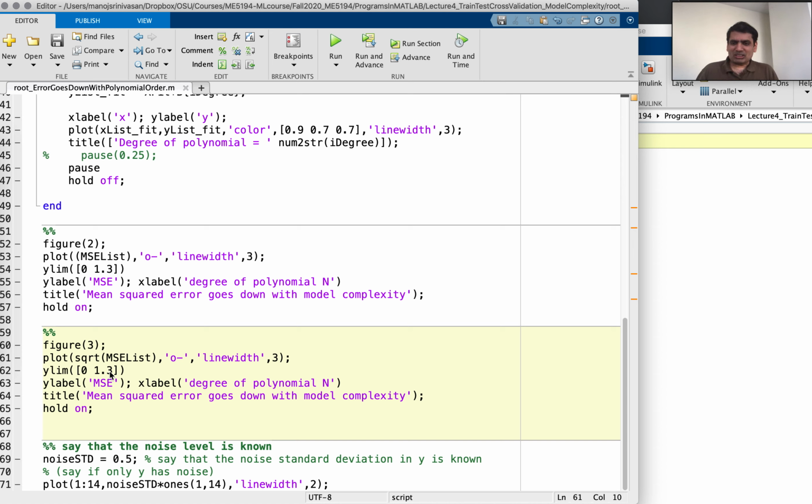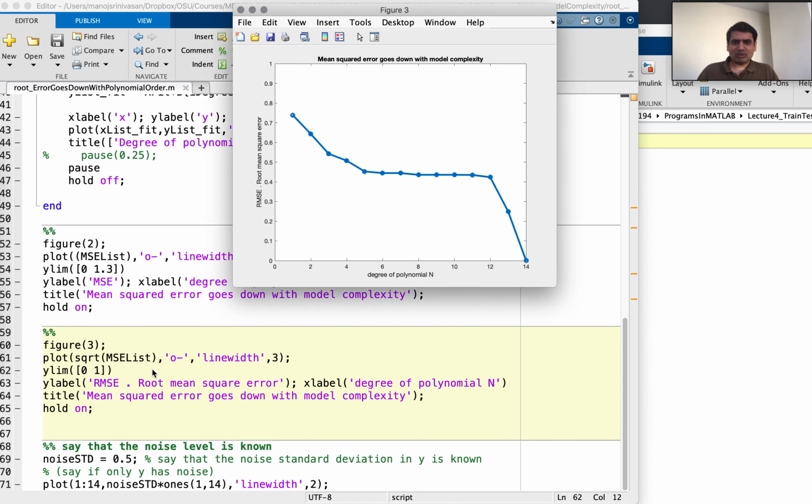The root mean square error is basically like the standard deviation, and the mean squared error is like the variance, right? So we're plotting the root mean square error, which you can plot like so. That's what the root mean square error looks like. It also goes to 0, of course.